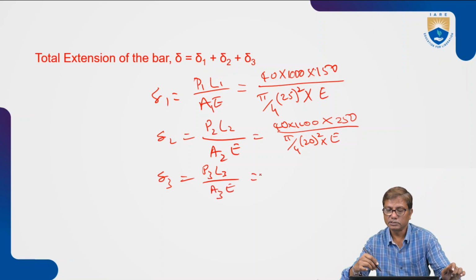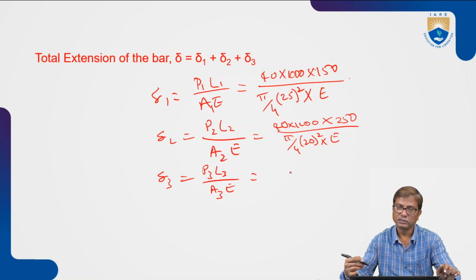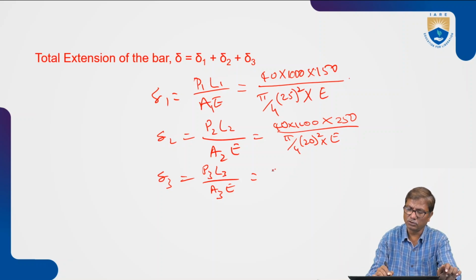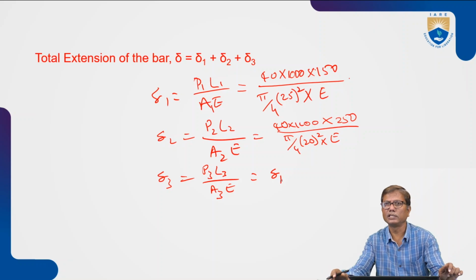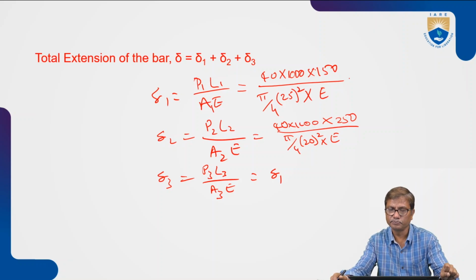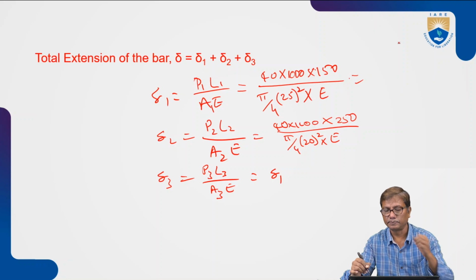And if you observe here, the length and diameter are same for portion A and portion C. So delta 1 and delta 3 are equal. The load being same, length and area also being same, the delta 1 and delta 3 are equal.